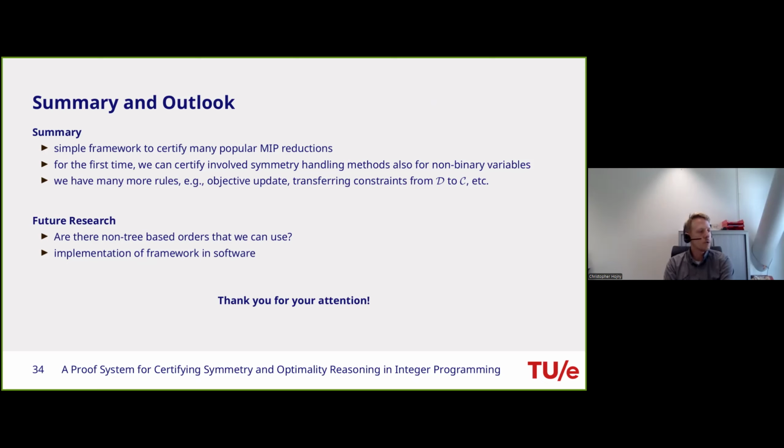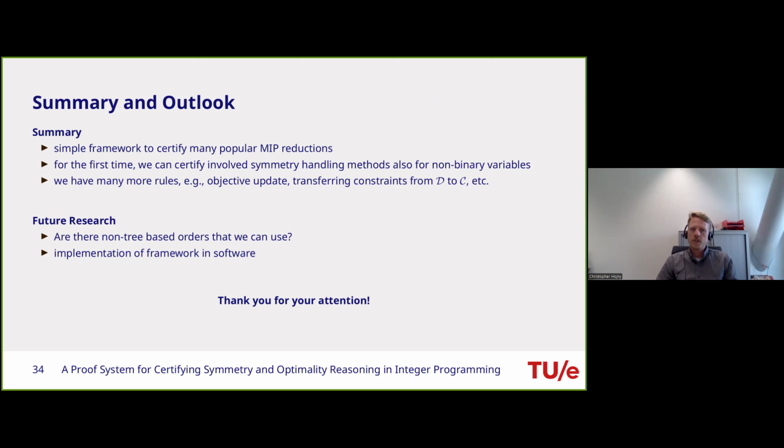This is possible. So what one can do is one can implement this either dynamically or statically. So statically meaning, for instance, I fix one order up front for all the nodes. Let's say it's the standard lexicographic order, and this is actually also how symmetry handling in the mixed integer programming literature started.